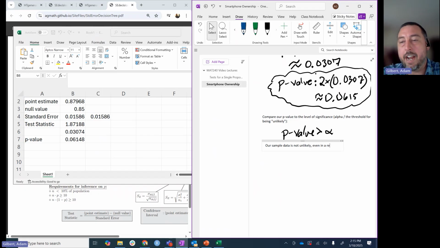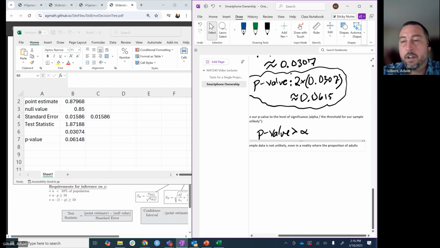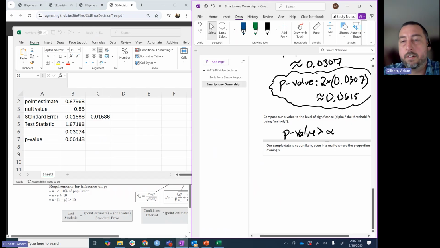Our sample data is not unlikely, even in a reality where the proportion of adults owning smartphones in this city is still 85%. And so because our sample data wasn't unlikely, we'll fail to reject the null hypothesis.